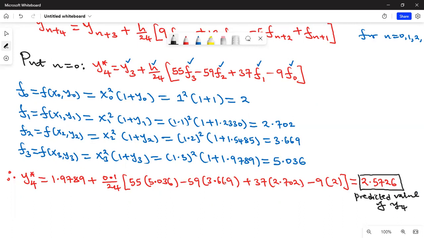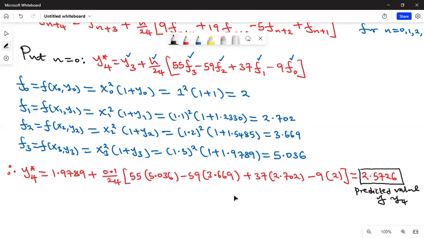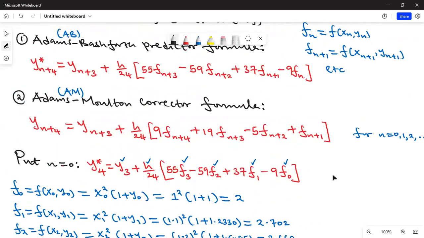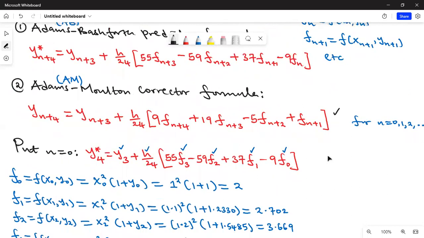We need to correct it now using the Adams-Moulton corrector formula. So let's go back to the corrector formula and then put n equal to 0. Look at the corrector formula, this one. So when you put n equal to 0, what do we get?